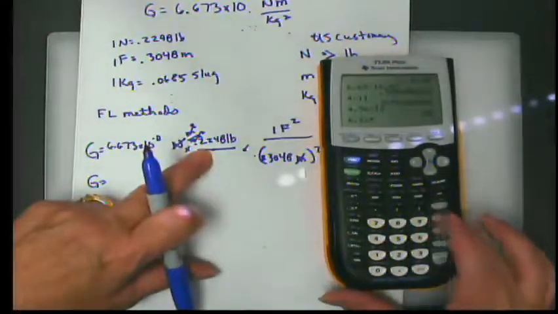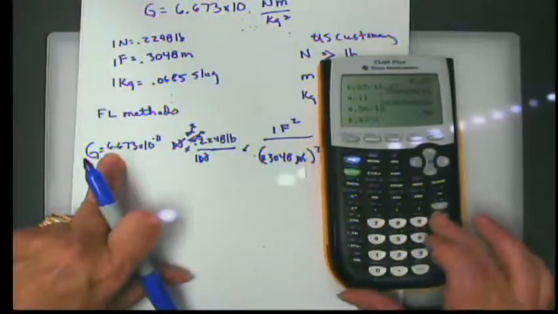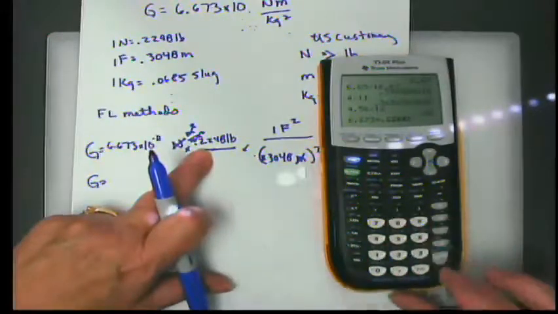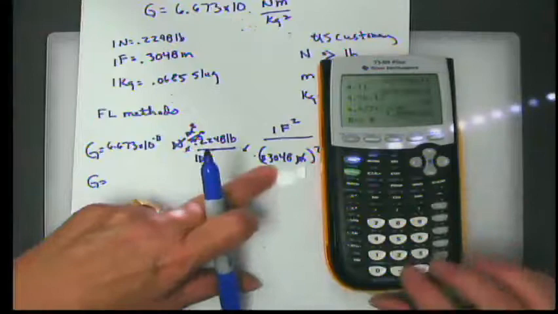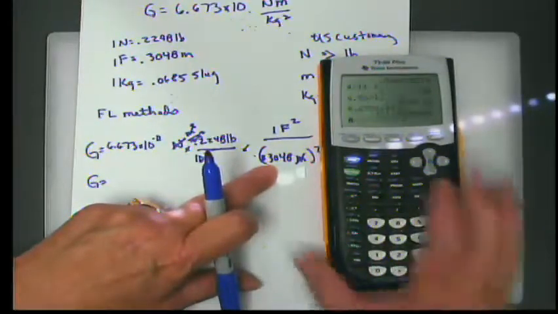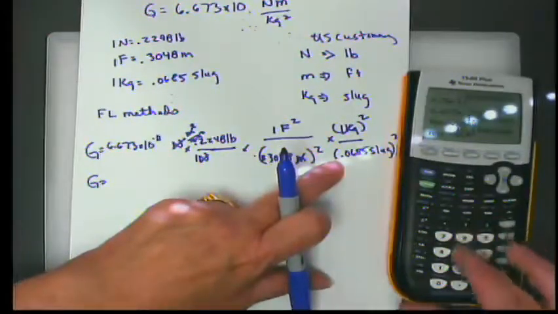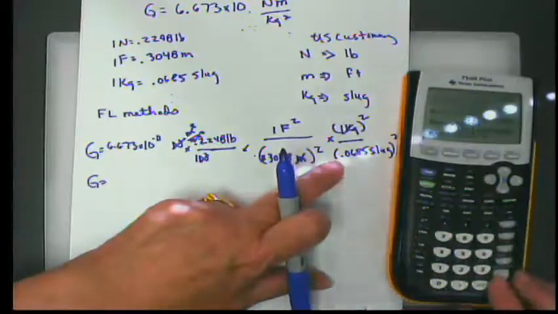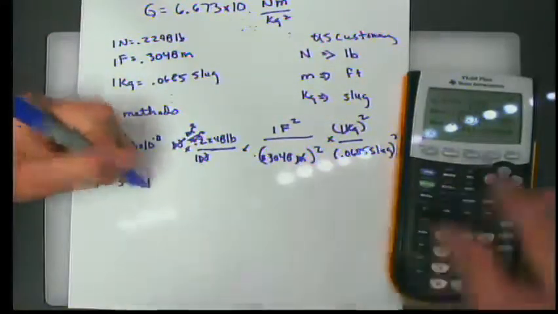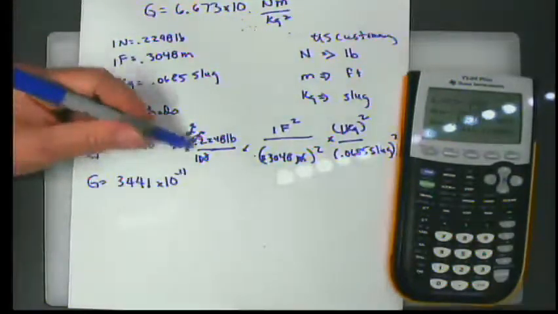I'm just going to carry that, that didn't go right, 6.673 times 0.2248, and then I divide that by 0.3048 squared, and I divide again by 0.0685 squared, and that number is 3441, and I still have that times 10 to the negative 11th, but now my units have canceled out.